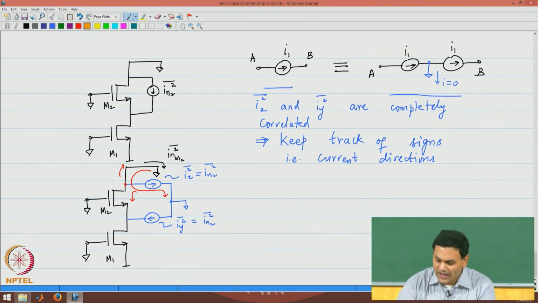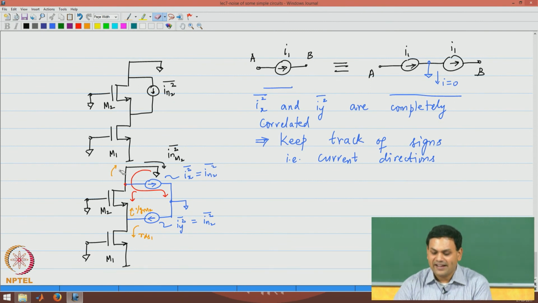What about Iy? If you look at Iy, it has the option of flowing into the lower path which has a resistance RDS1 or the upper path which has a resistance 1 over GM2, and therefore most of this current Iy would normally flow through the transistor M2 and eventually flow into the output node. The only thing we have to be careful is to keep track of directions. Now I notice that I have used different directions, let me please correct them.